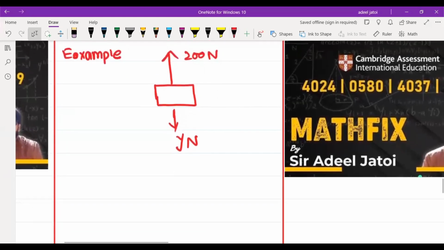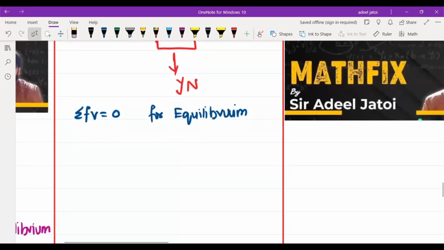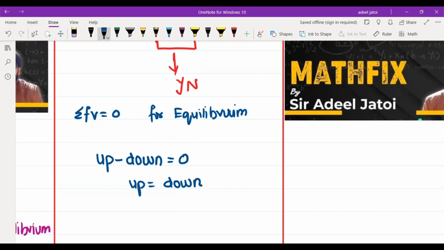When we have vertical force, the summation of vertical force should be equal to 0 for equilibrium, which means up minus down should be equal to 0, or up is equal to down.